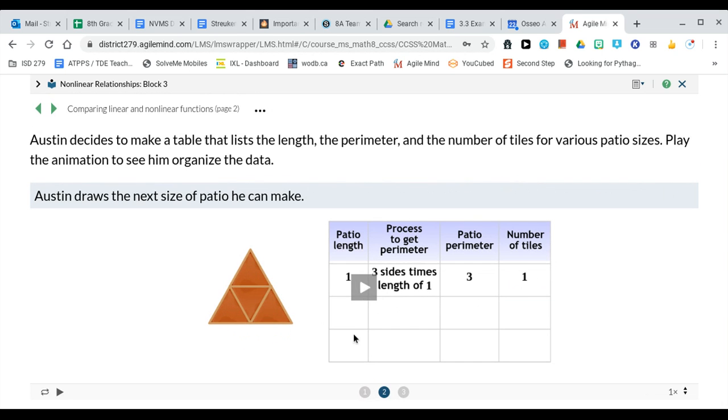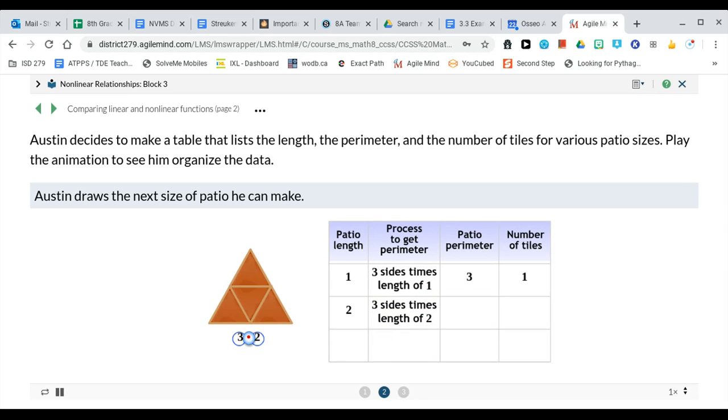Then if we add a patio length of 2 tiles, if you see this right here, the patio length is only 2 because there's 1 going across here and 1 going across here. There's more tiles than there are the length, but it's only 2 because there's only 2 sides in a row. So then we could do 2 plus 2 plus 2, or 3 times 2.